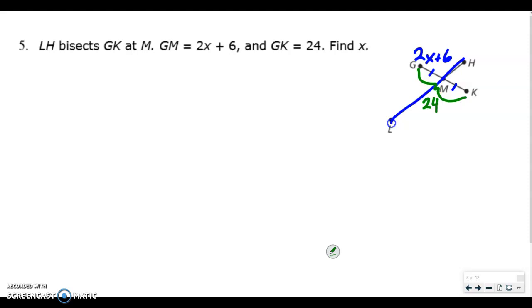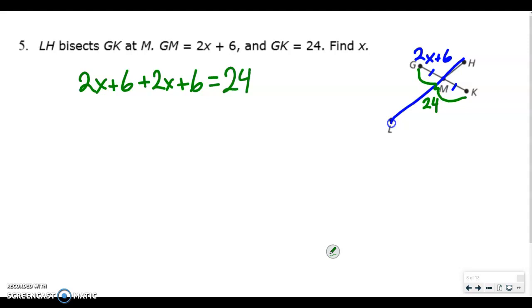So there's a couple of ways we can set this up. We know 2x plus 6 is one of the small segments. The other small segment is going to be the same, so it's also 2x plus 6. And we know that will add up to give us 24.